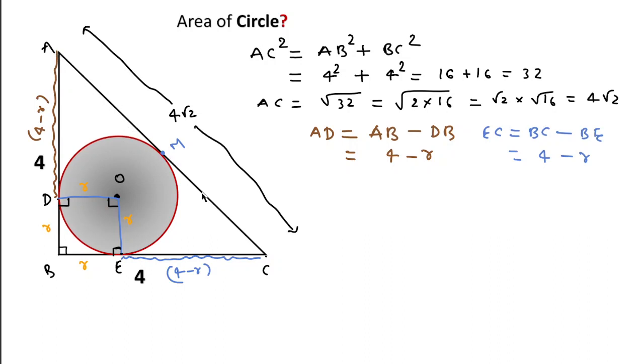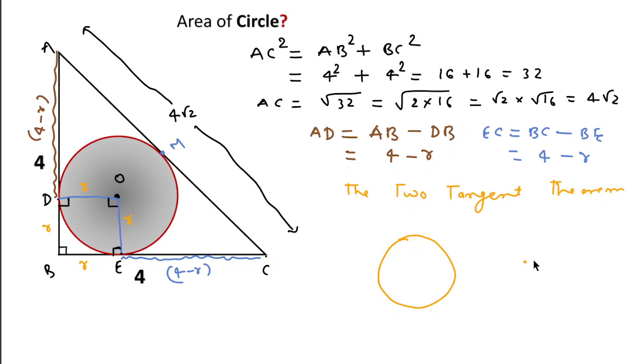There is one concept, that is the two tangent theorem. I am explaining it a little bit. According to this, if there is any circle and if two tangent segments are drawn from the same external point to the circle, then both tangent segments are equal.